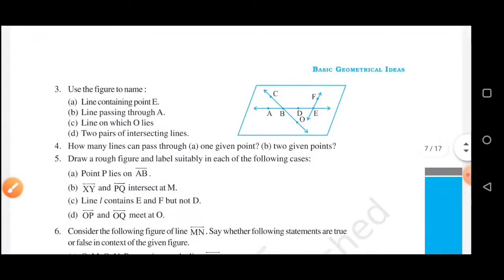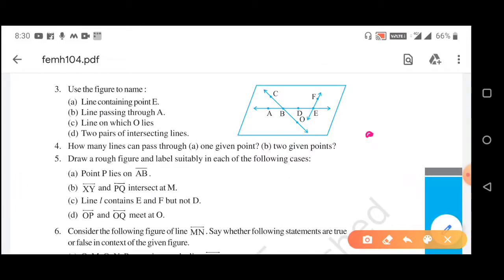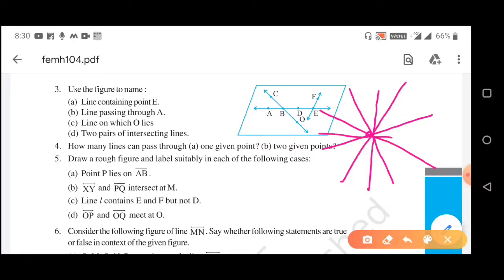Question number 4, how many lines can pass through one given point? So here I am giving a point. Now how many lines can we pass through this point? Suppose this is one line, this is another line. How many lines can we pass through this given point? Many lines.